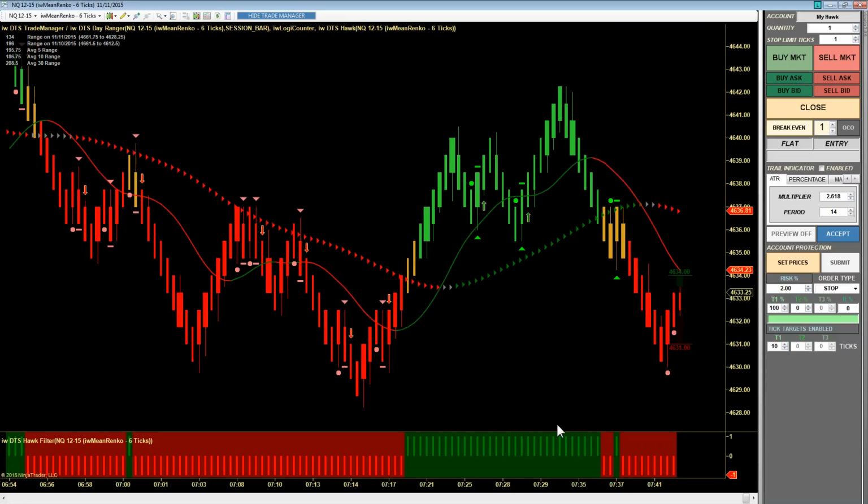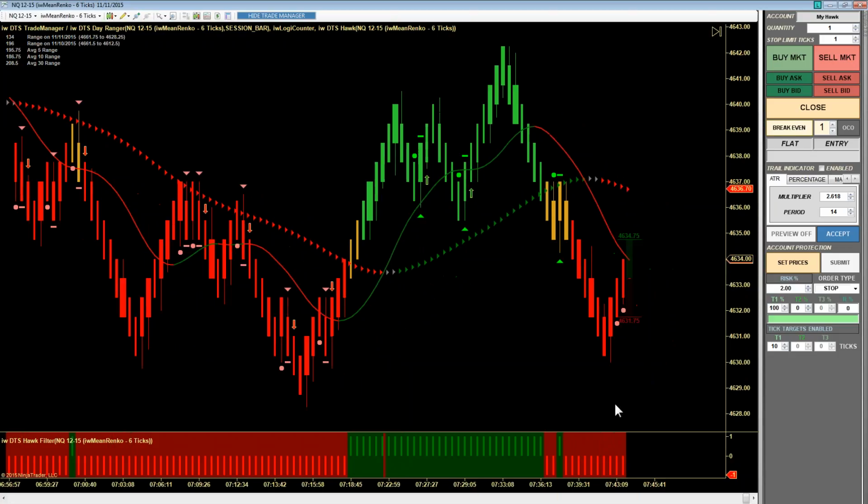So when you have a trendless market, even high probability signals become riskier because we're not clear on the direction. Yeah, we're getting quite a conflict in signals here.